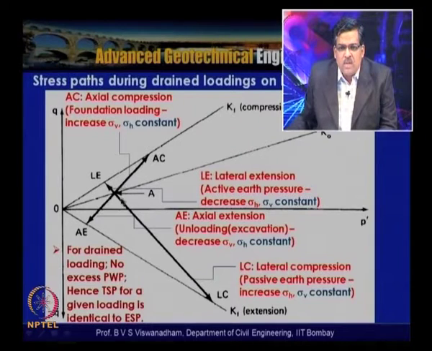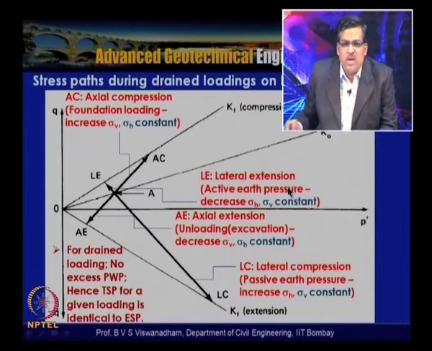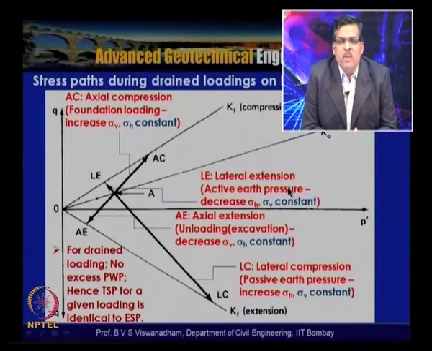The next example is LE, where lateral extension is happening. That means that when active earth pressure conditions prevail and the retaining wall moves away from the backfill, the soil element is subjected to lateral extension under a constant vertical stress.